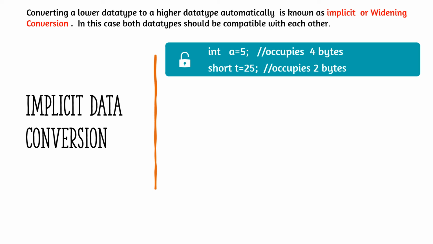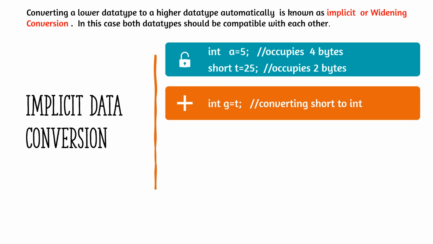We are declaring two variables, int a is equal to 5 and short t is equal to 25. Int, we have already learned, will occupy 4 bytes in memory and short will occupy 2. And now we are declaring a new variable g: int g is equal to t. t is declared as short which occupies 2 bytes.